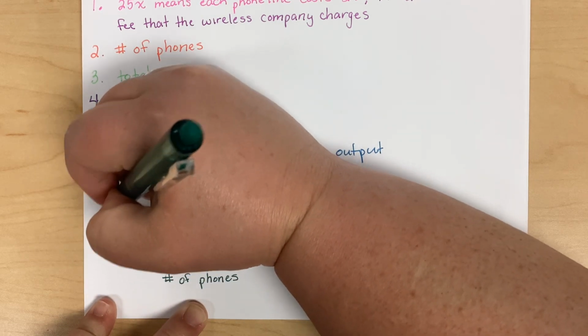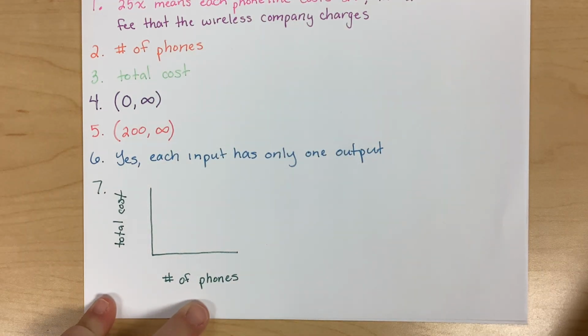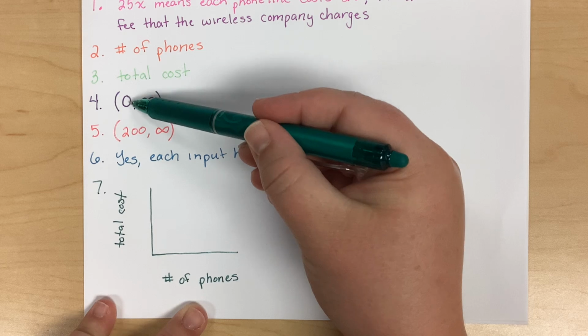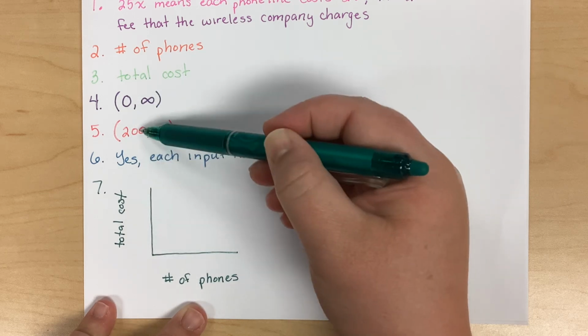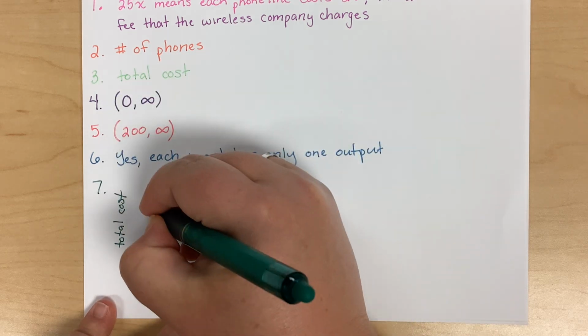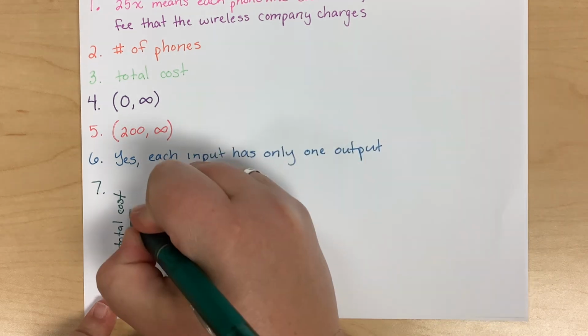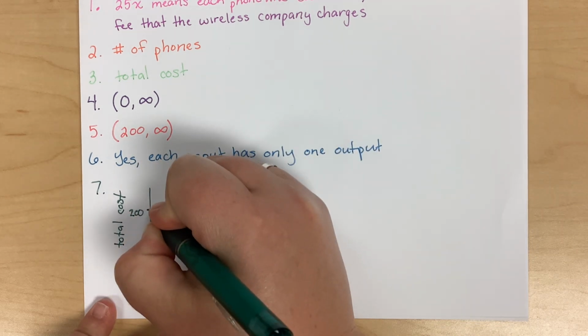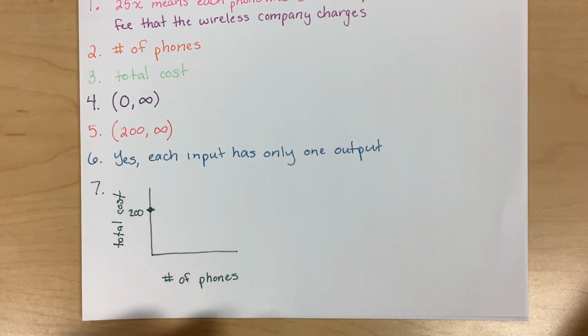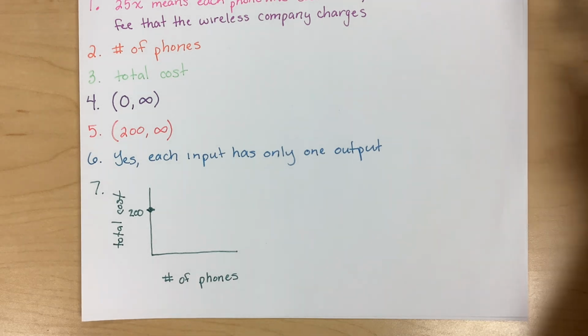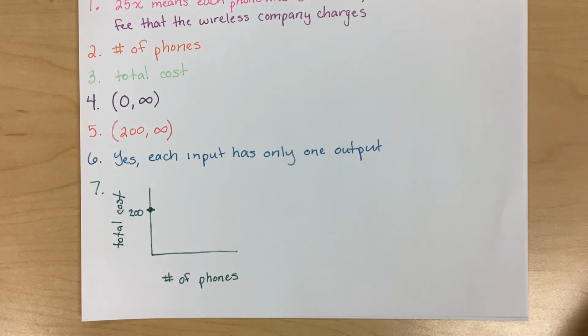So I'm going to rely on my domain and my range to help me draw this graph. I know that my X is going to start at 0 and my Y is going to start at 200. So I'm just going to make an arbitrary point, and I know that this would have to be 200. That's my starting point right there. Now I know that each phone that I add to this line, or this service, is going to add $25 to my account, my total cost.